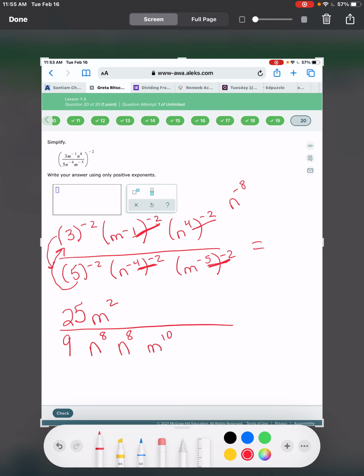Okay, still combining things. Keep the 25 where it is, the 9 where it is. m squared on the top and m to the 10th on the bottom. 2 minus 10 is negative 8. So we're going to keep m to the 8th on the bottom. These guys, we're just going to add them together, n to the 16th. So 25 over 9 n to the 16th, m to the 8th.